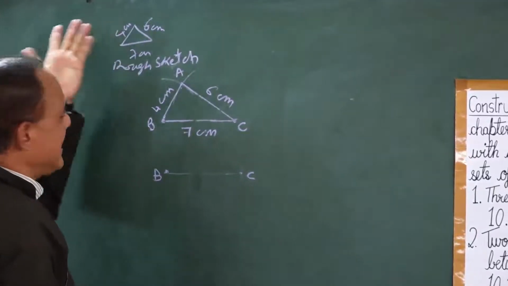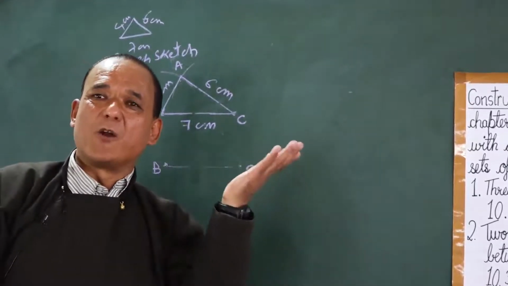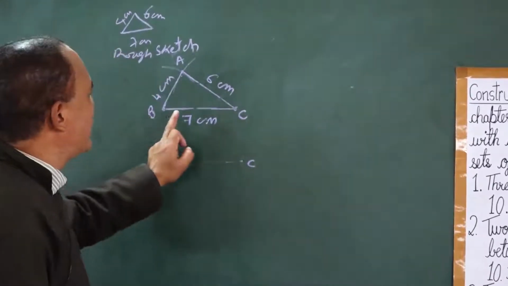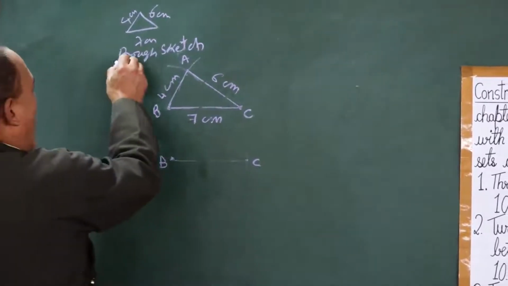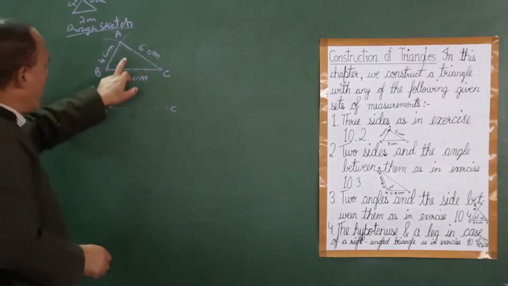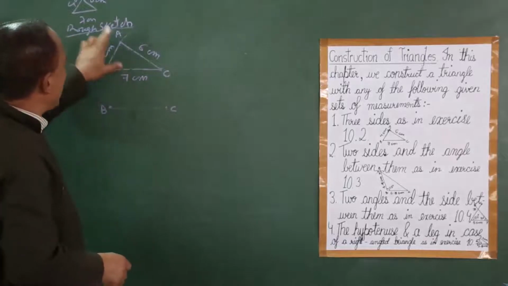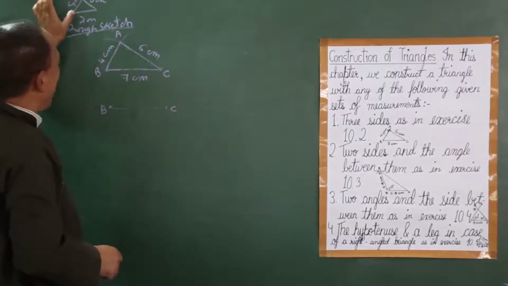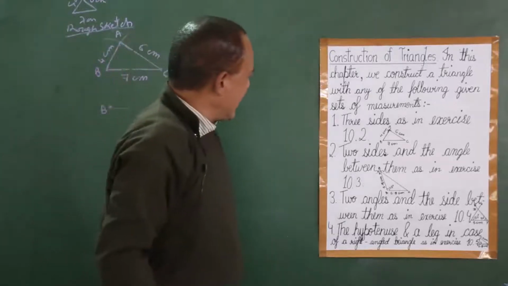This is no measurement, it is just simply done, without calculation, without measurement. But this is done with proper measurement. So this will tell you how to draw the proper triangle that we made here.